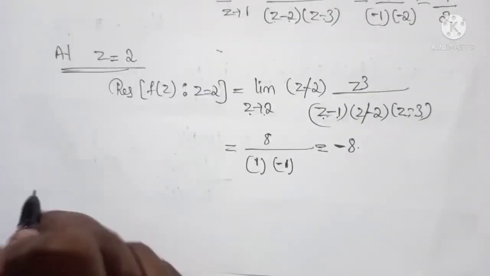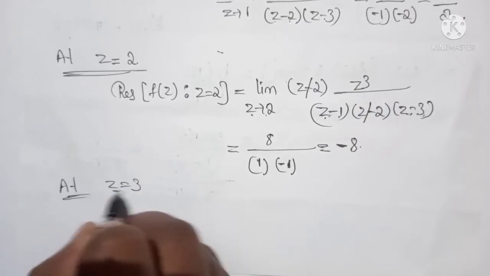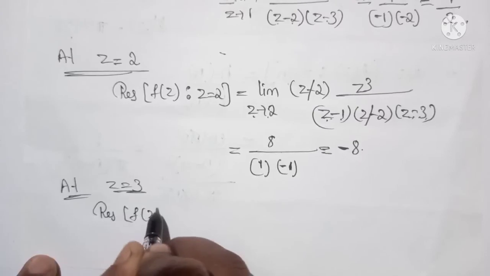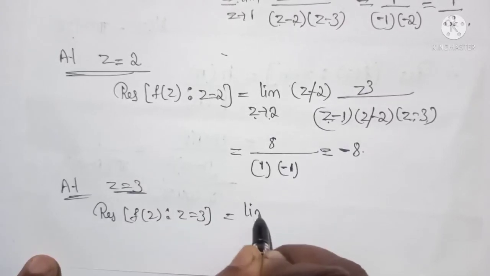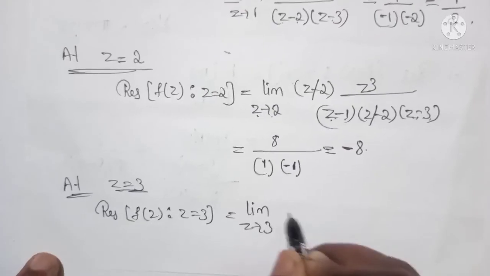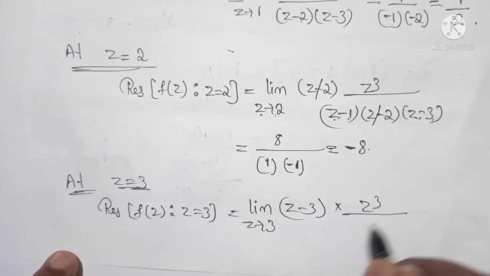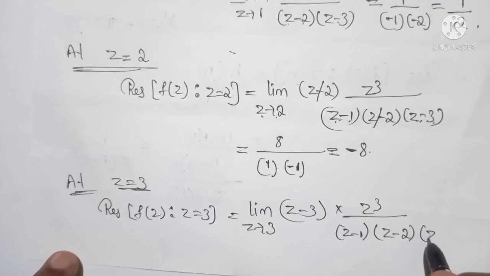Similarly, the residue of f of z at z equals 3 is the limit as z tends to 3 of z minus 3 into z cube divided by z minus 1, z minus 2, z minus 3.